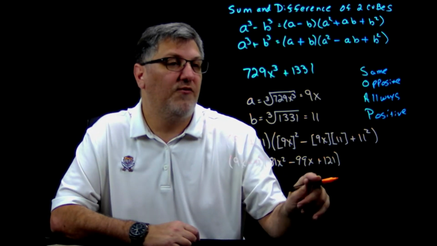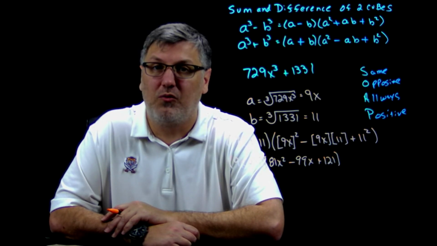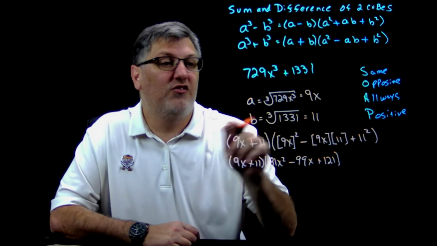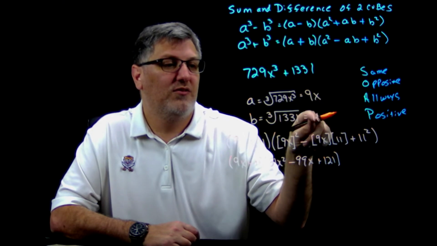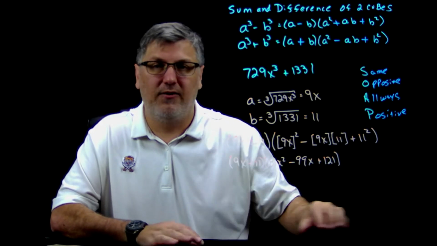This is the factored form of 729x cubed plus 1,331. So it's just a matter of taking the cube root of this, and then just filling it in for your A's and your B's. It's just following a pattern.